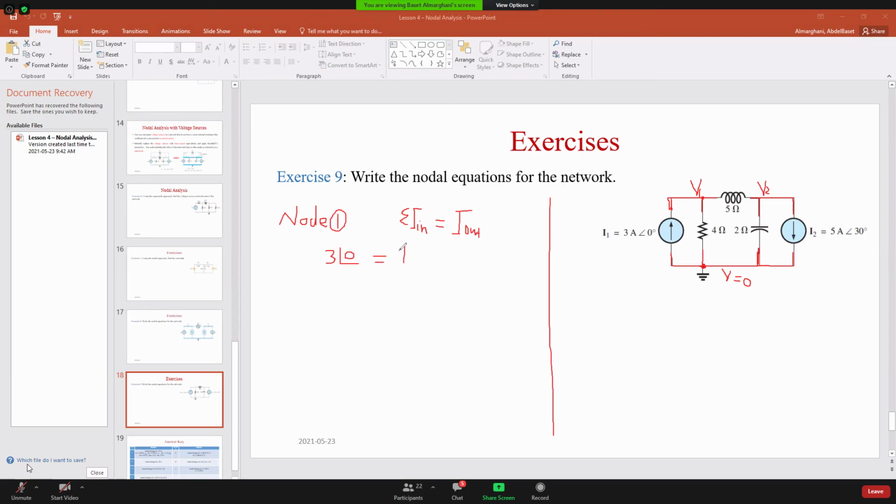So it's V1 minus 0 divided by 4. This is the current going in the 4 ohm. I'm assuming it is leaving. And here is leaving as well. So it is V1 minus V2 divided by, what is the impedance here? It's J5 ohm. So this is one equation.